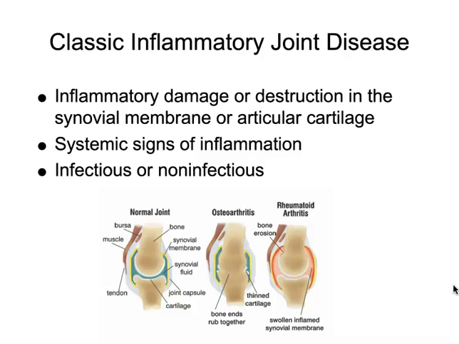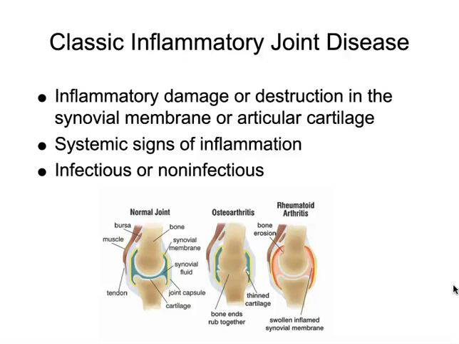When we have infectious cases, it means that we have a joint disease that is caused by an invasion of the joint by bacteria, mycoplasmas, viruses, fungi, or protozoa. And this could happen through a traumatic wound, a surgical incision, or maybe a contaminated needle.